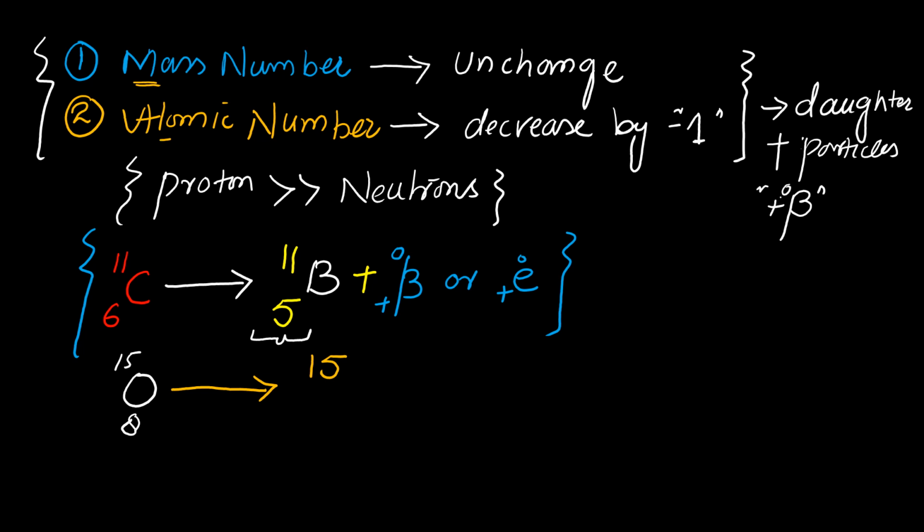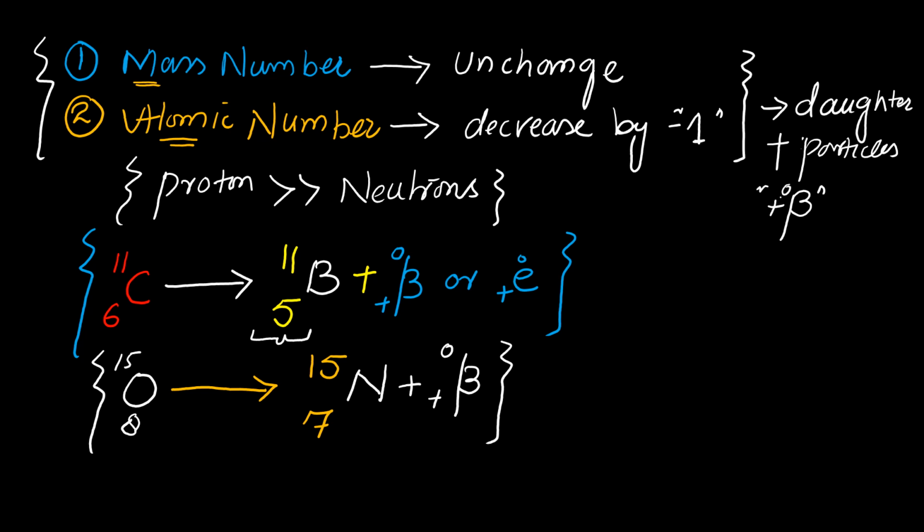However, the atomic number of the parent element changes by 1, so the daughter element atomic number will be 7. So now we can check in the periodic table what is the element having atomic number 7. So it is nitrogen, so we can write nitrogen here, and with this nitrogen there will be a release of positron radiation like this. So this is positron decay from O15, the oxygen 15 isotope.